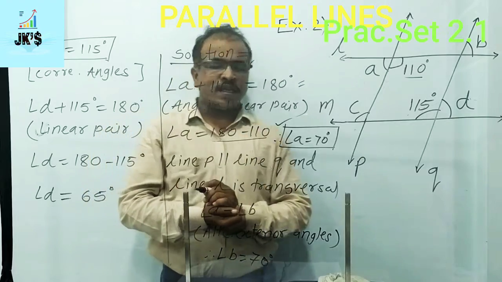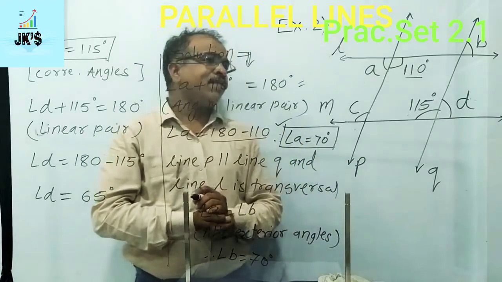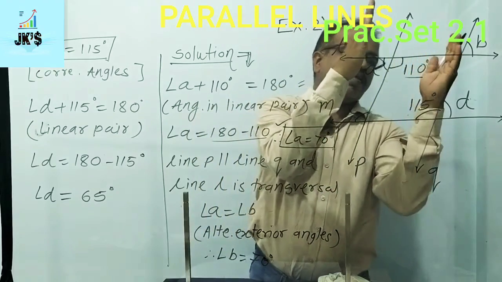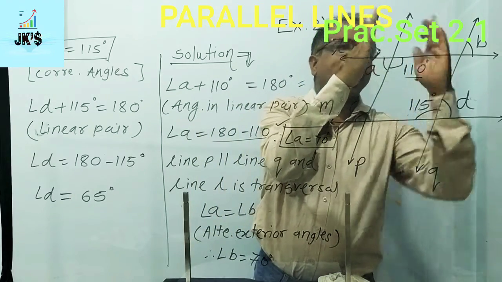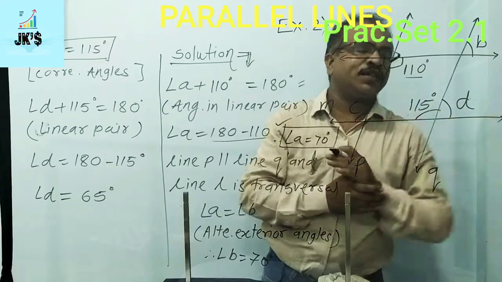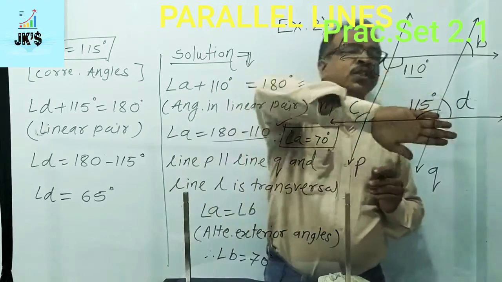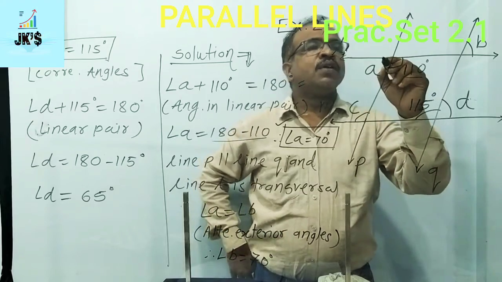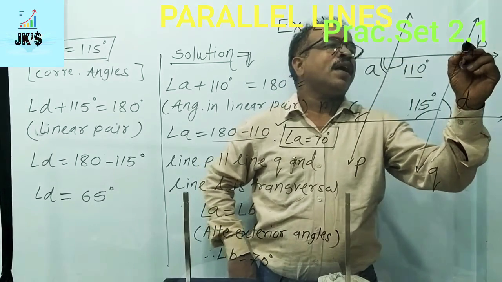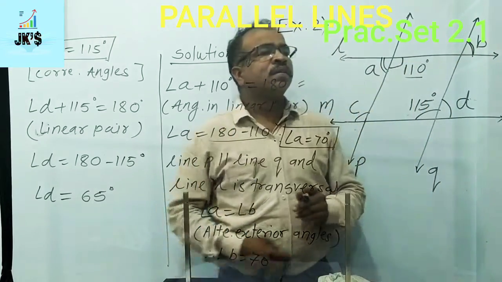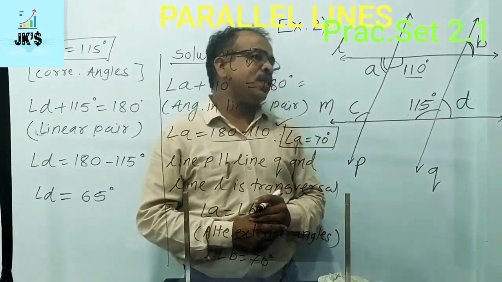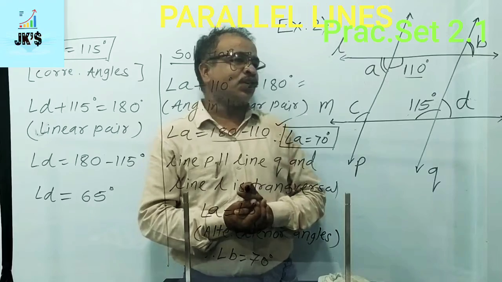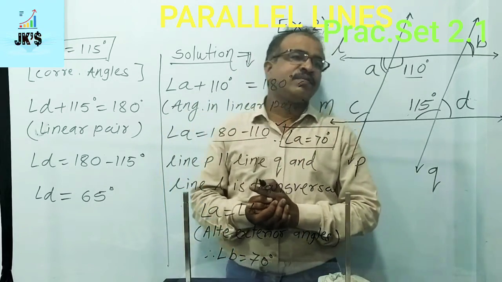Now for the second, line P is parallel to line Q and here is their transversal. We consider only this line as the transversal. When we see this angle A and this angle B, what is the relation?